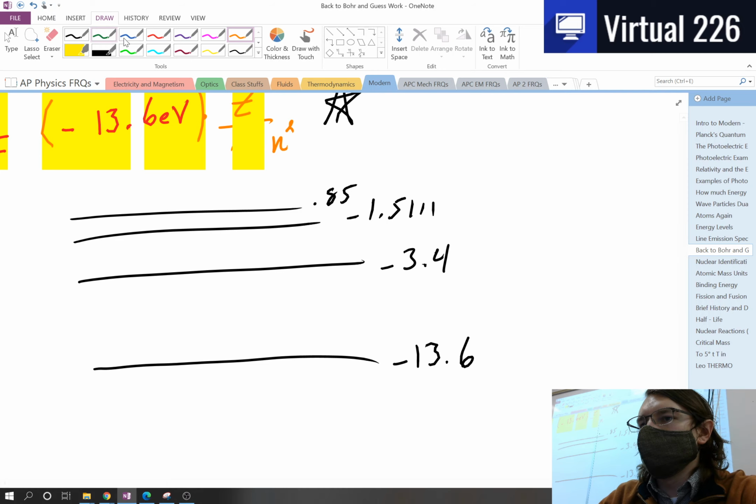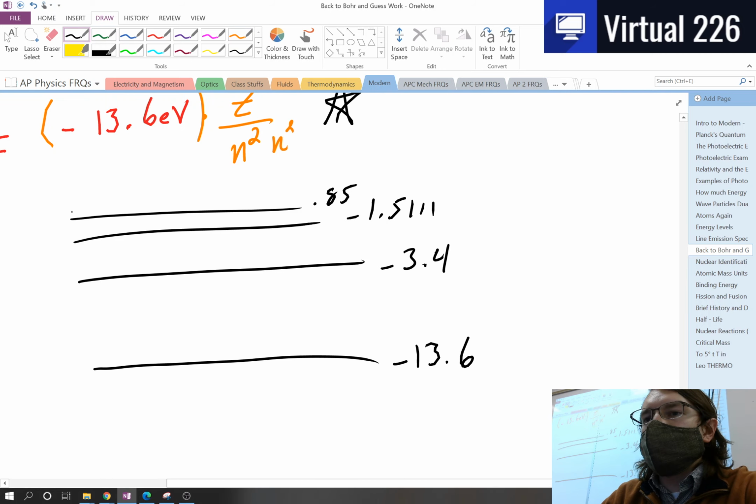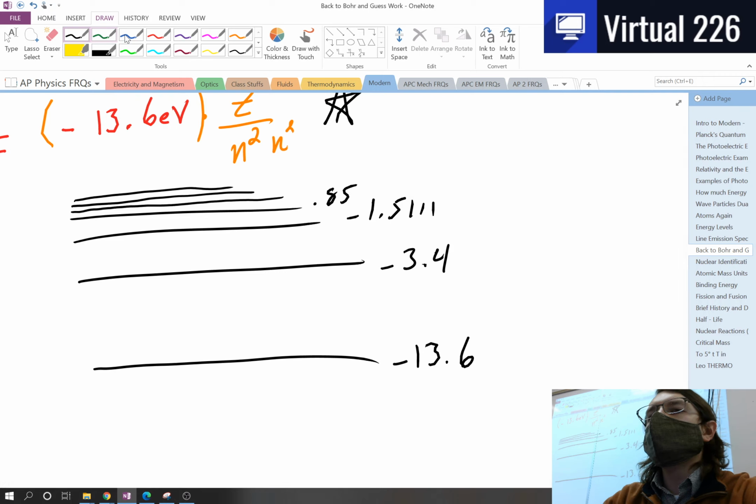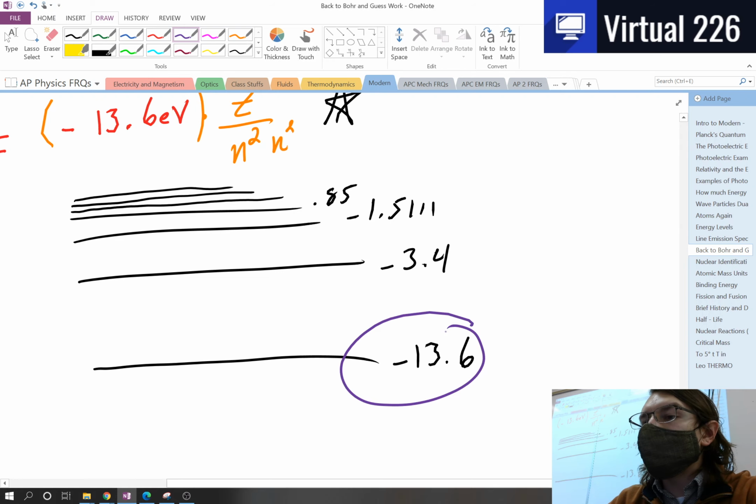What's going to happen is over time, these levels are actually going to get closer and closer together. And if you want to completely escape from the hydrogen atom, the electron needs a total of 13.6 electron volts to get out.